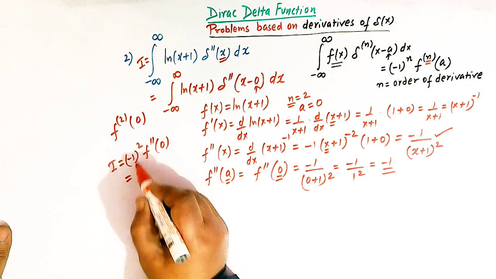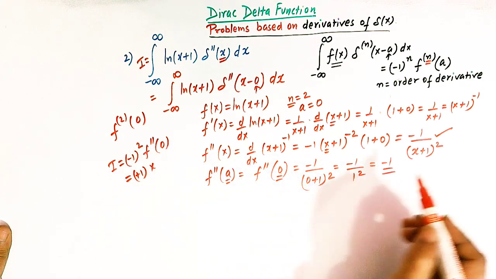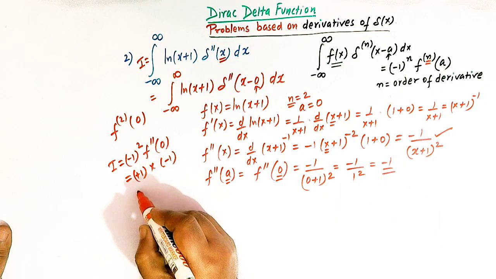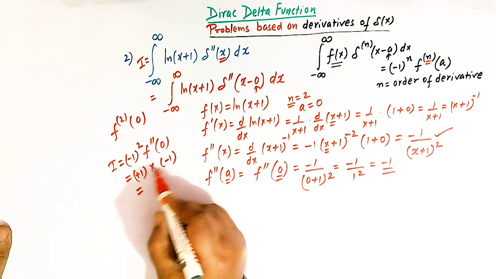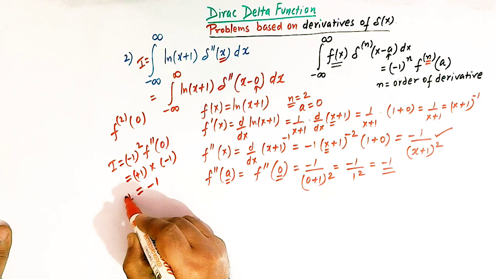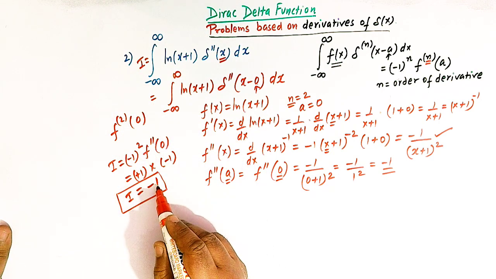So minus 1 square is simply plus 1, and f double prime of 0 is given by minus 1, right? So the product of these two numbers is simply minus 1. So the value of this integral is given by minus 1.